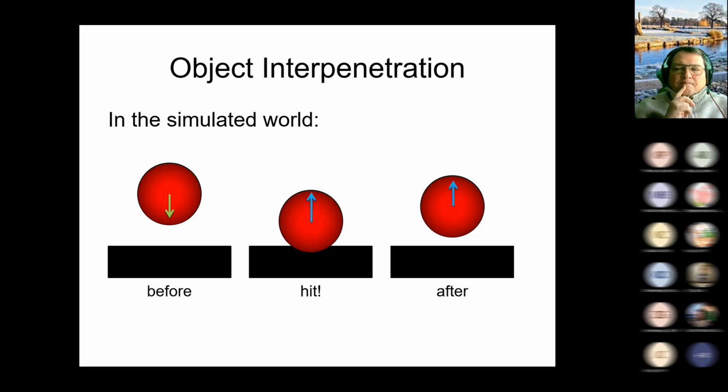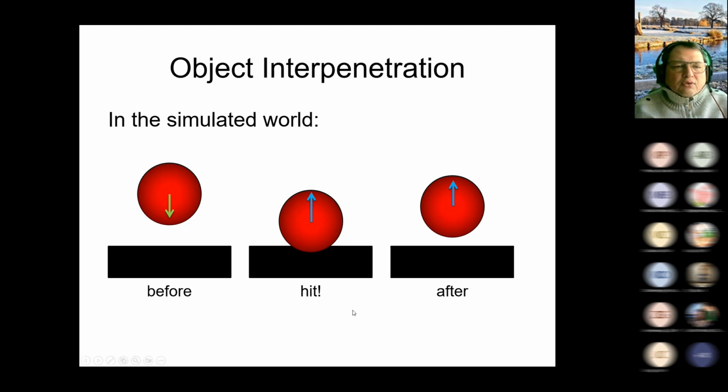Now, why does the glitch we had occur more often with lower values of restitution? It's simply because with restitution, this blue velocity is smaller. It's after the collision, it's going slower.